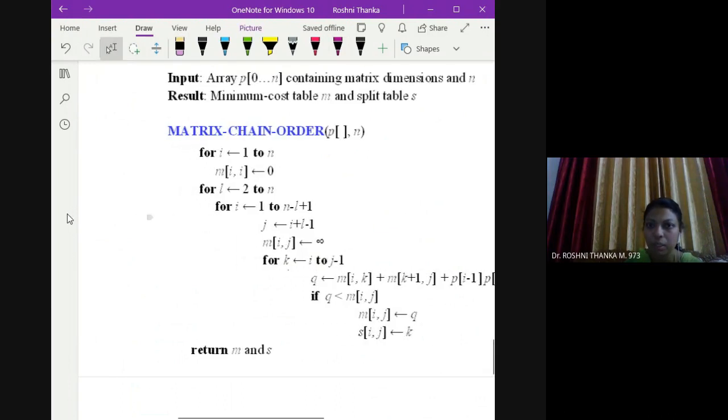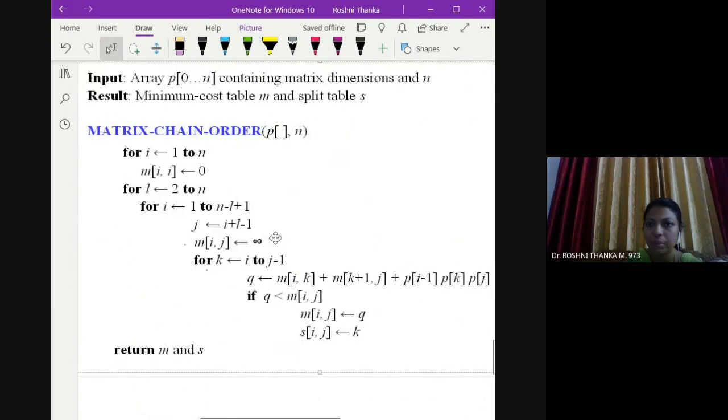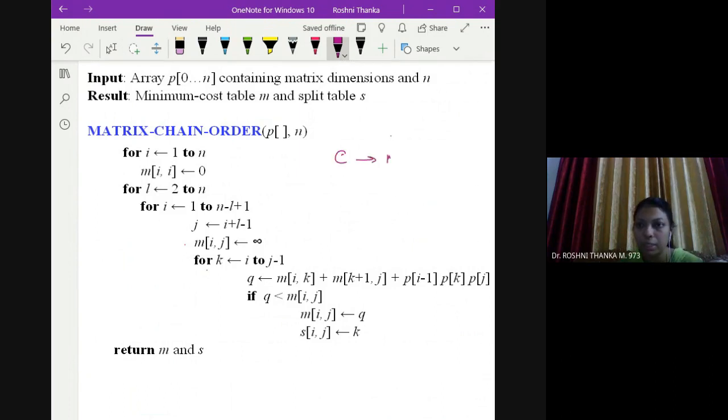If you see this algorithm, we are using two matrices: one matrix we named the cost matrix, another we named the k matrix. Here it is mentioned as the m matrix, and the k matrix we used is mentioned here as s. That's the only thing. All the other things are the same.